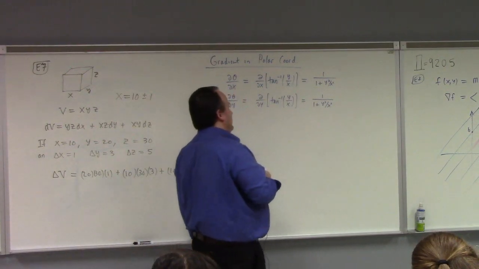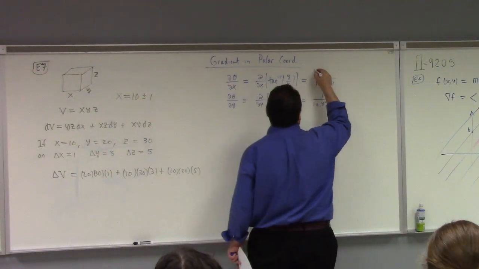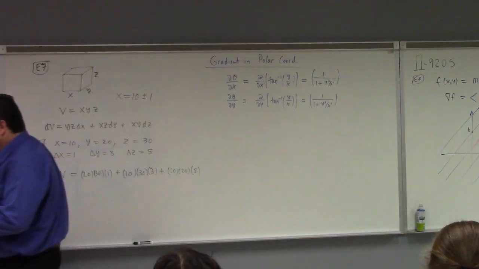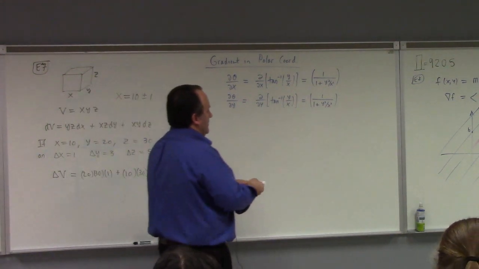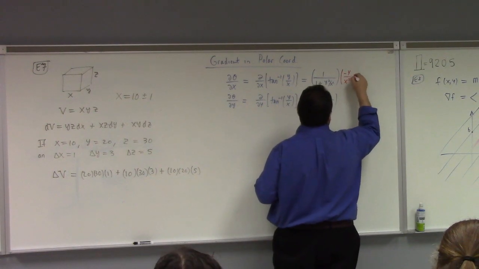But when we take the derivative of the inside function, it's a little different for x and y, right? For x, what's the derivative? Well, it's the reciprocal, right? X is in the denominator. So we end up with a minus y over x squared, right?